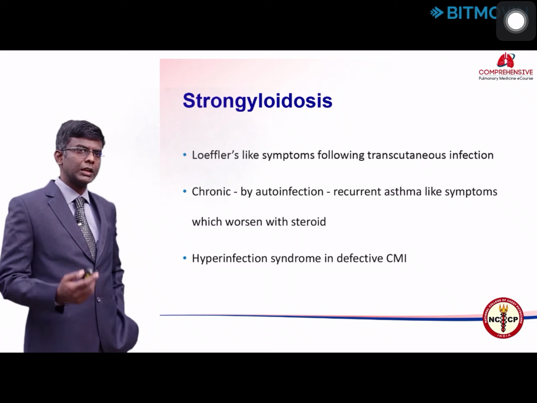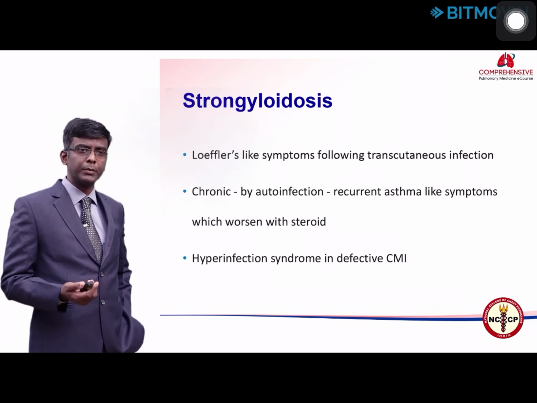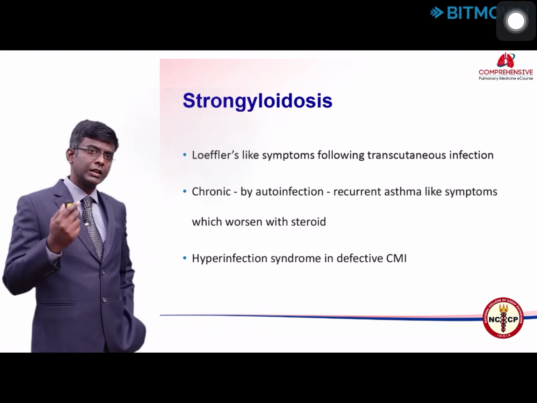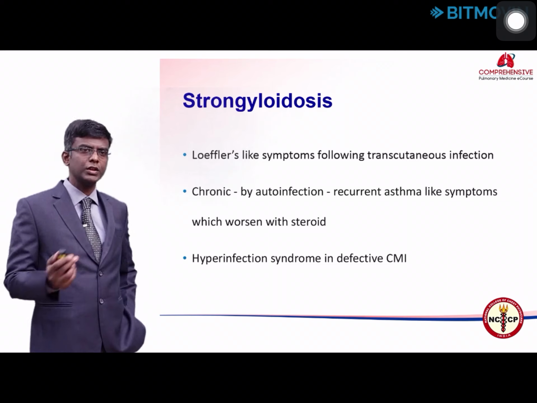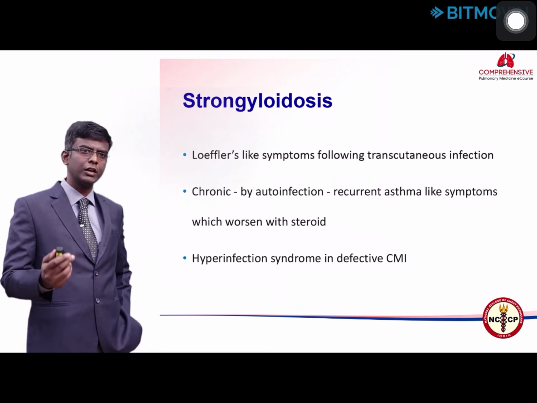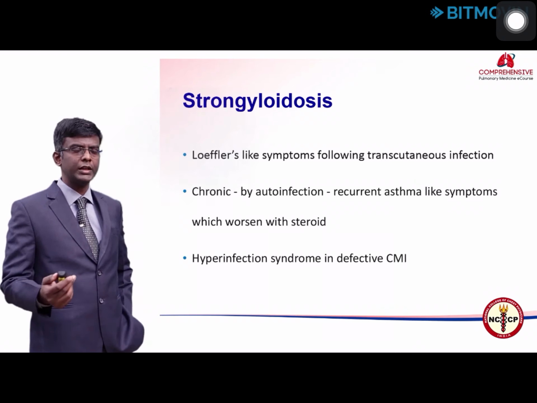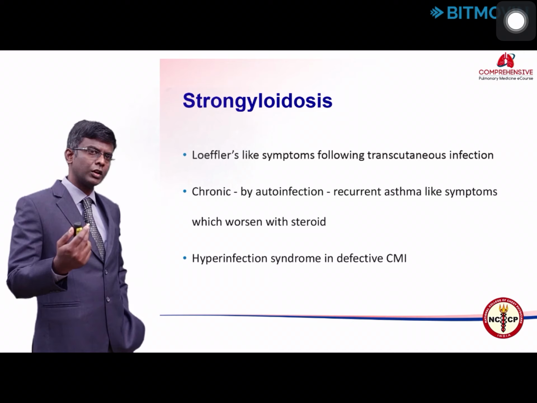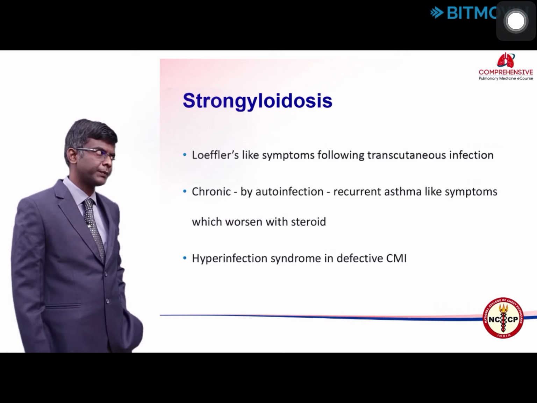Strongyloidosis is an important larvae which can cause pulmonary eosinophilia. Specifically, this needs mention because it can cause a range of clinical manifestations from asymptomatic pulmonary eosinophilia to a self-limiting Loeffler's-like syndrome to a debilitating condition called chronic autoinfection or disseminated strongyloidosis infection.